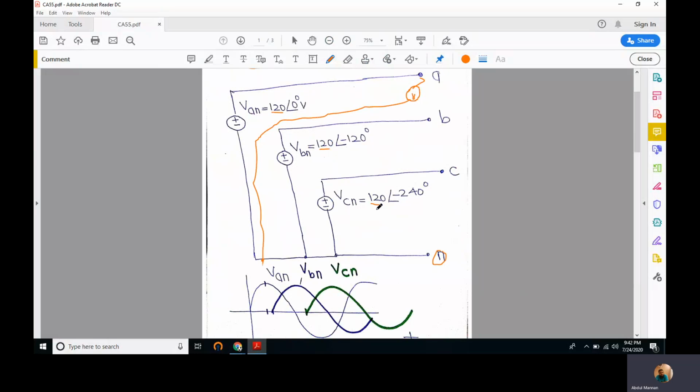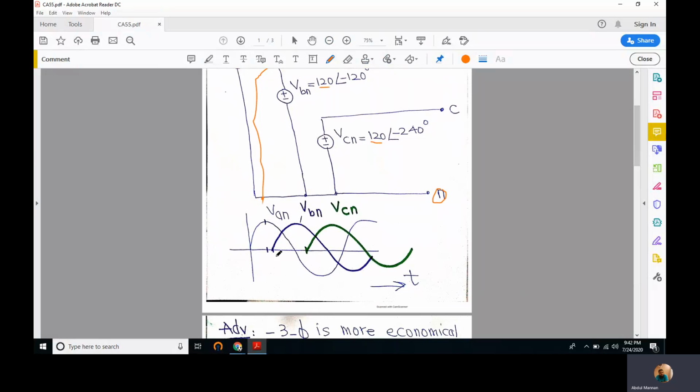They can be 240 or any number, but the magnitude is the same for all three voltages. However, the angles are different: 0 degrees, minus 120, and minus 240 degrees.